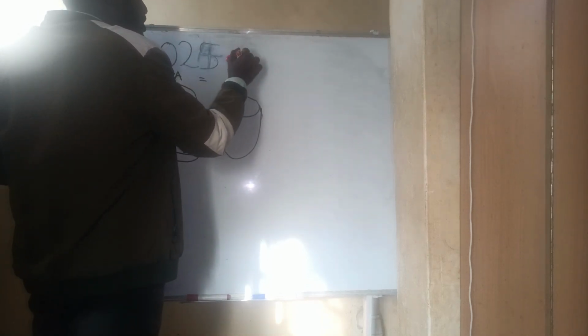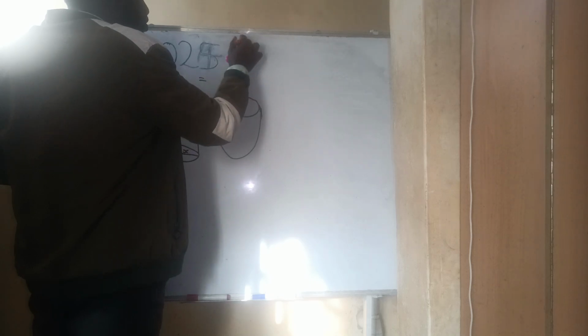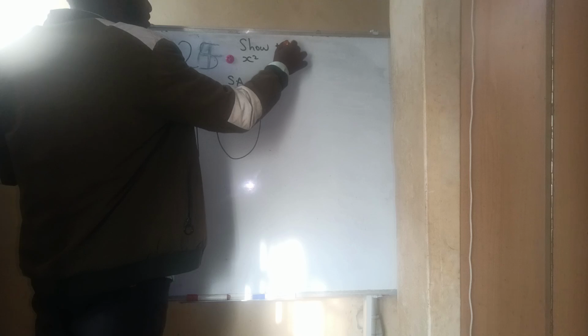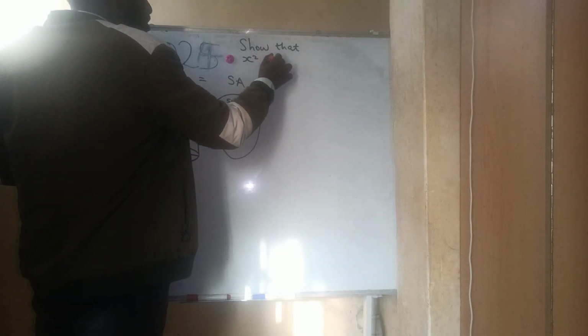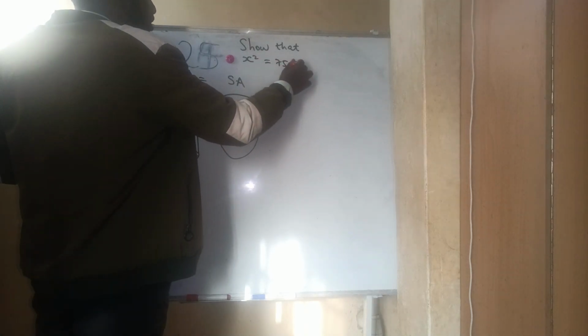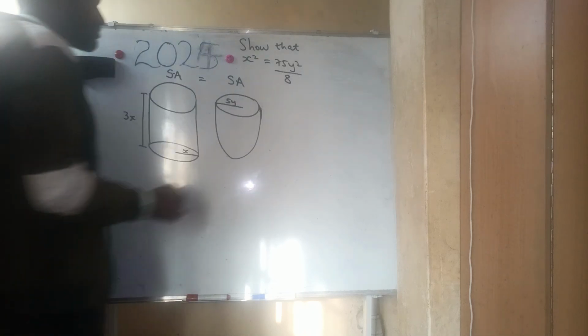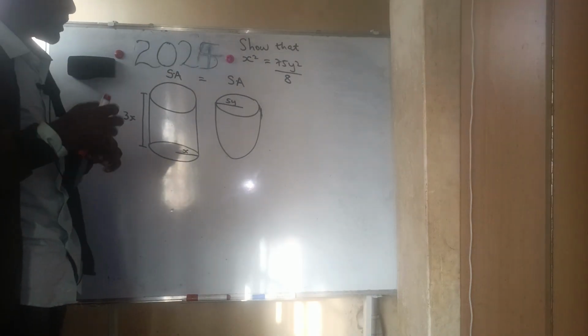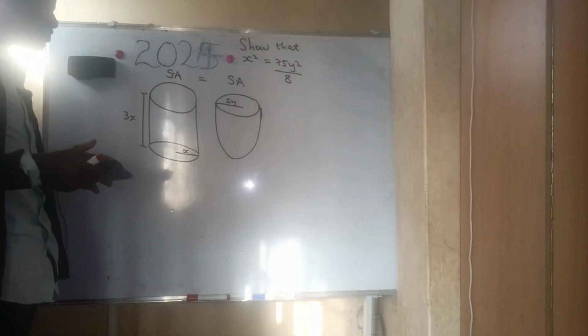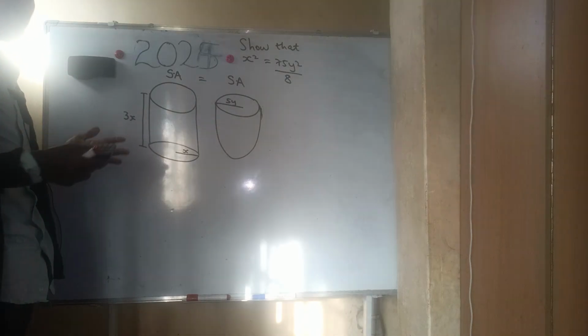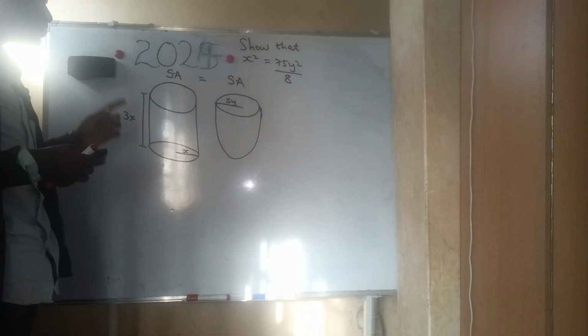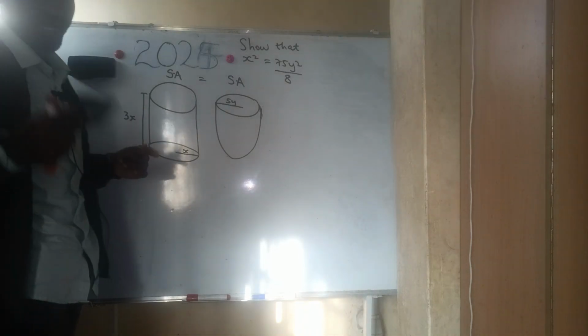You're told to show that x squared is equal to 75 y squared over 8. Let me take you through this question in the form of the summary I've captured here. There are two diagrams.